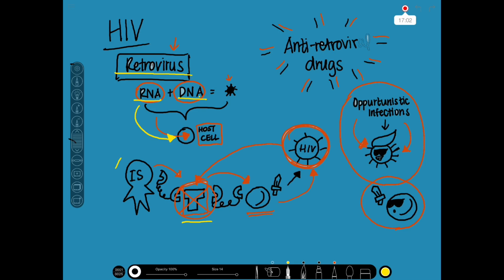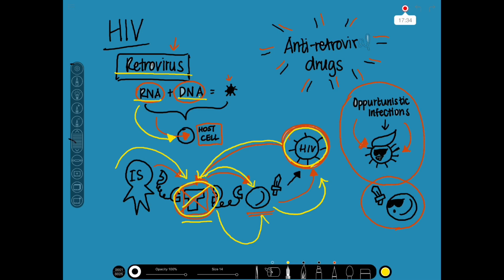So our immune system calls our T helper cells to make and signal antibodies to fight off any bacterial infections or foreign substances that enter our body. But what HIV does is invade and destroy T helper cells, which can no longer produce antibodies to fight the foreign substance.